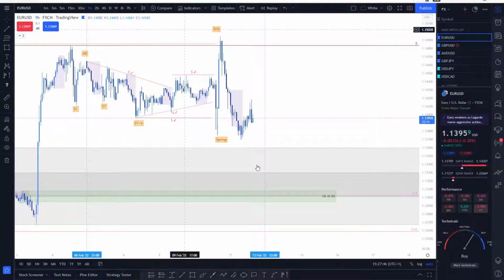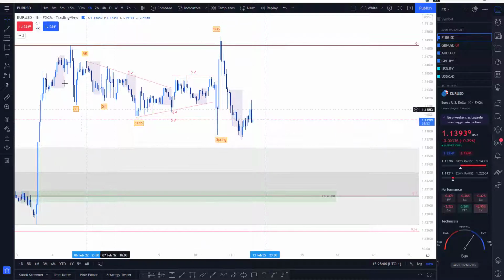So the initial reaction was bearish on all the three major dollar pairs, and all the price did was grab liquidity from the trend line and below this low, made a spring of a reaccumulation, so it seems.